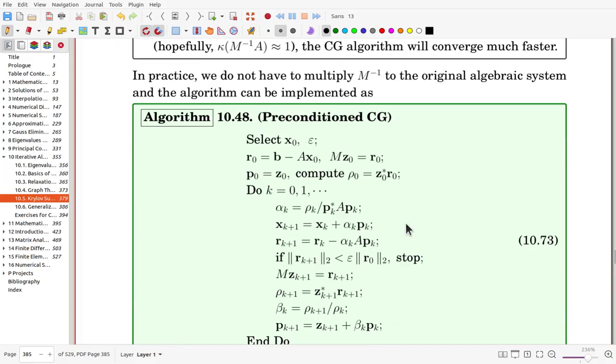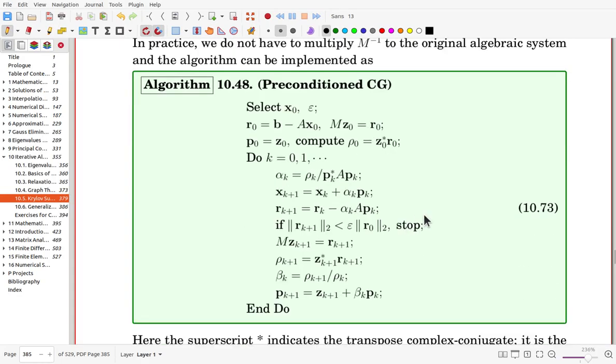Okay, look at this preconditioned CG method. For your convenience, I made the pseudocode with complex-valued matrices and vectors, so the star indicates the transpose complex conjugate. For real-valued systems, the star means just transpose, so it is a dot product. Here we have the residual computation.